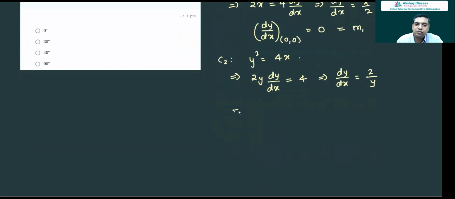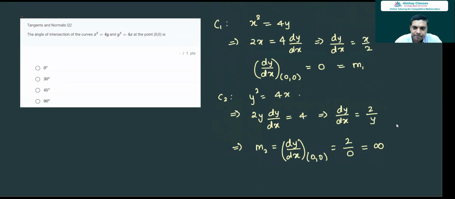So m2 is dy by dx for this curve at 0, 0, which becomes 2 by 0. It's an undefined quantity. So this is horizontal slope and this is vertical slope. So this is the slope of a horizontal line, this is the slope of a vertical line. So the angle between them is 90 degrees.